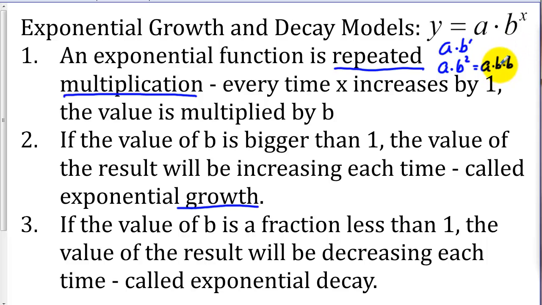If b is a fraction or a decimal smaller than 1, like 1/2, the value gets smaller. If we first multiply a by 1/2, we have half of a. If we multiply by half again, we have a fourth of a. If we multiply by half again, we have an eighth of a. So the value will decrease, and that's called exponential decay.